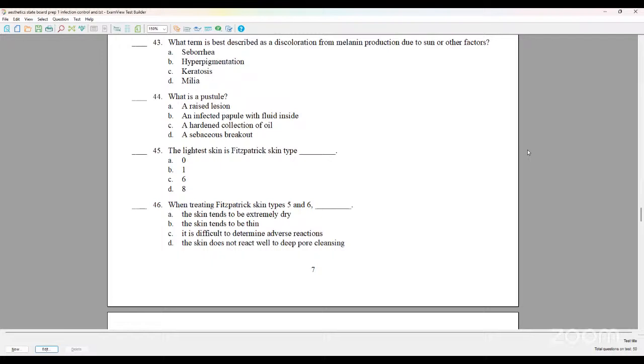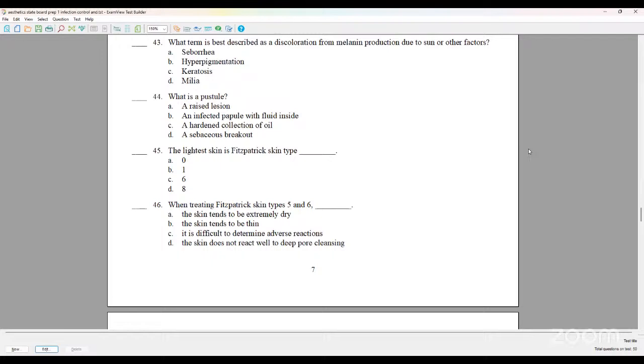Most of the time, someone with more melanin may have larger pores. The skin tends to be extremely dry. No. It's gonna be D. C. It is C. Okay.